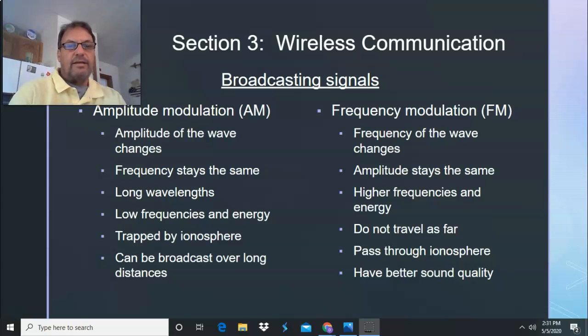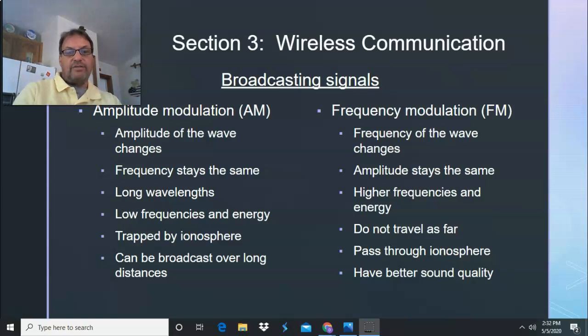And so the amplitude of the wave will change on the AM section, but the frequency is going to stay the same. So like I said, the amplitude's going up, but the frequency of the wave is the same. And these are long wavelengths, and they're very low energy.